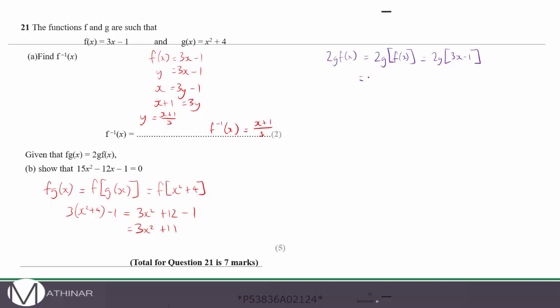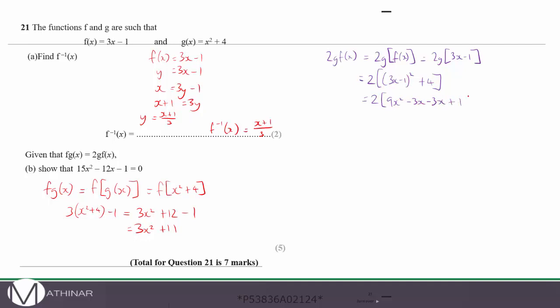So this is going to be 2, and then we're going to square the input, which is 3x minus 1, and then we're going to add 4. And then afterwards we need to multiply through by the 2. And if we multiply all of this out, this will give us 9x squared minus 3x minus 3x plus 1.